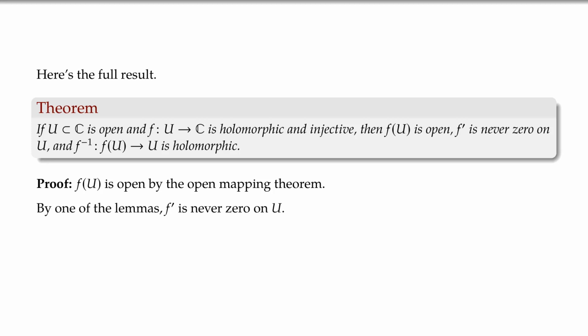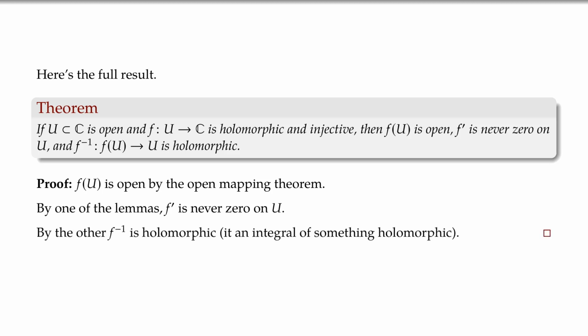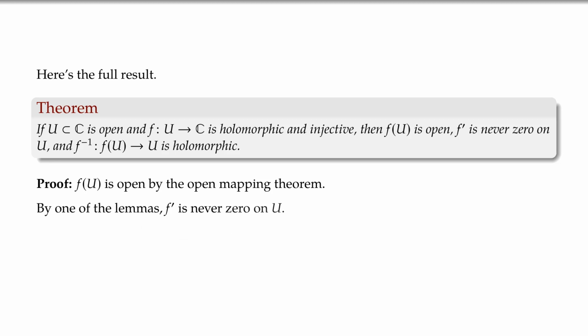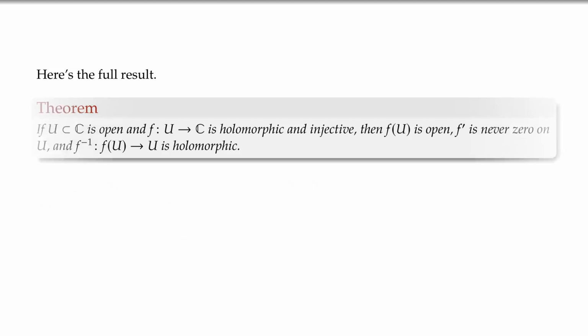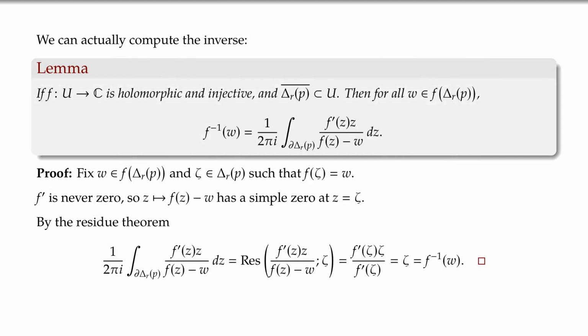So now the second lemma, and this is maybe still the complicated part of it. The second lemma actually says that F inverse is holomorphic. Why does it say that F inverse is holomorphic? Let me go back to the lemma.